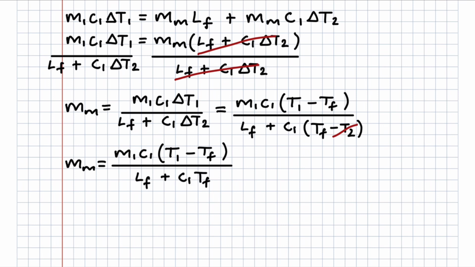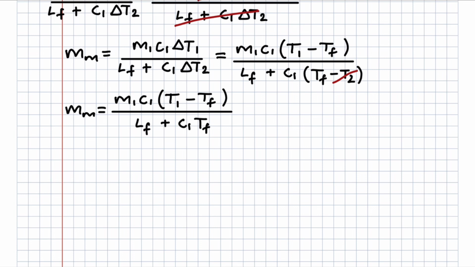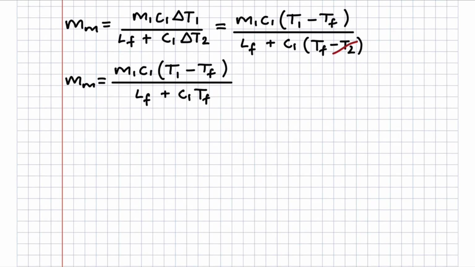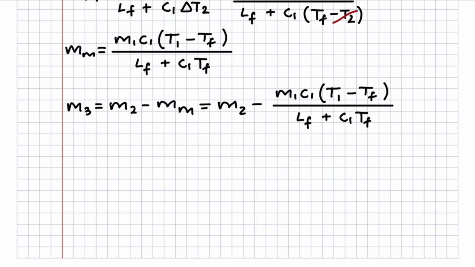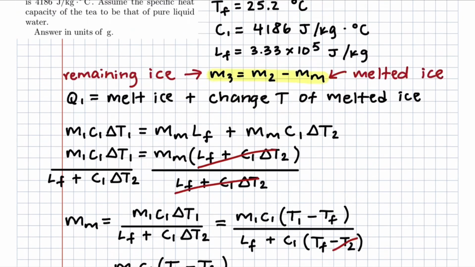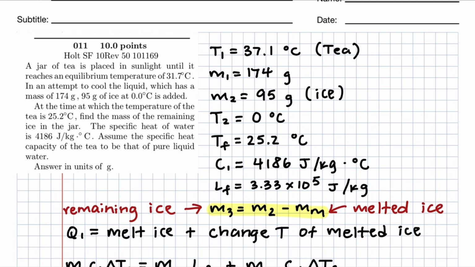Okay, so now how do we find the remaining ice? Well, that's simple. We said it was the original amount of ice minus melted ice. Before we plug in our numbers, some of you might have said, why didn't you convert from grams to kilograms? That's a valid question.